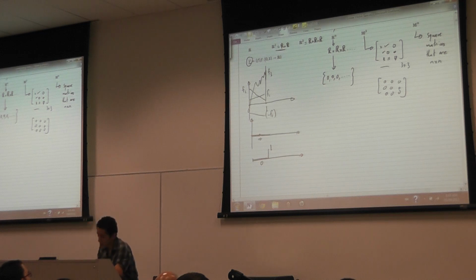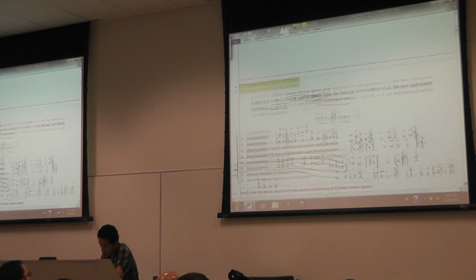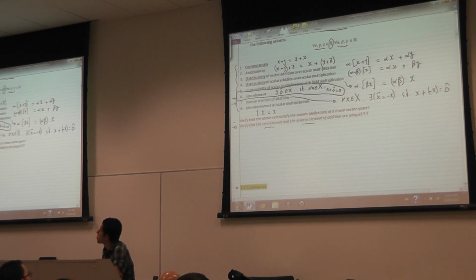The uniqueness of the 0 element and the uniqueness of the inverse element of addition can be proven using those axioms. In your book, you have a few problems that you should look at.